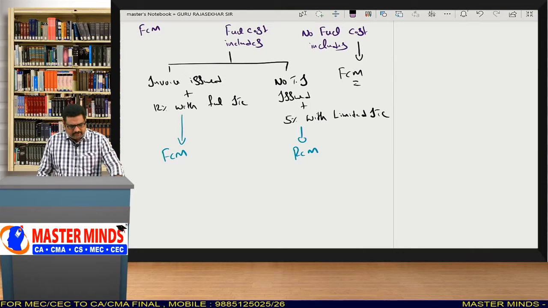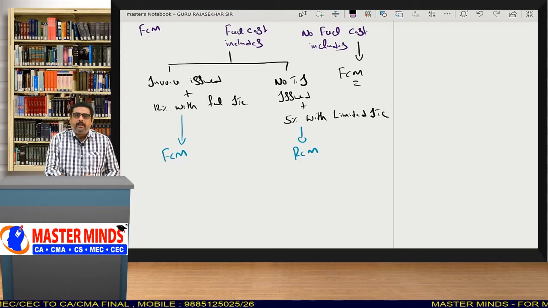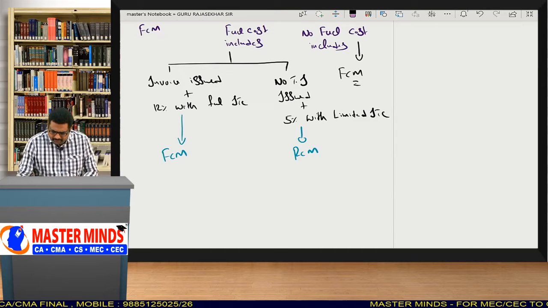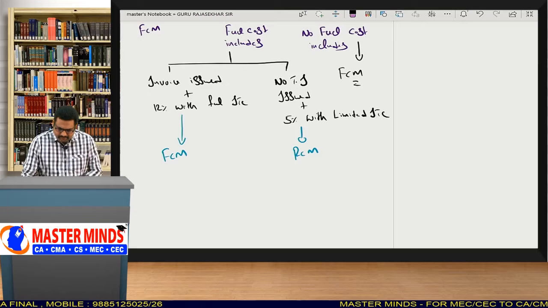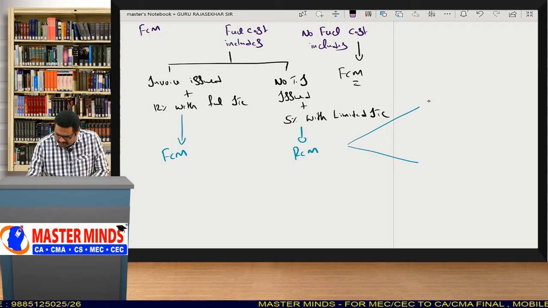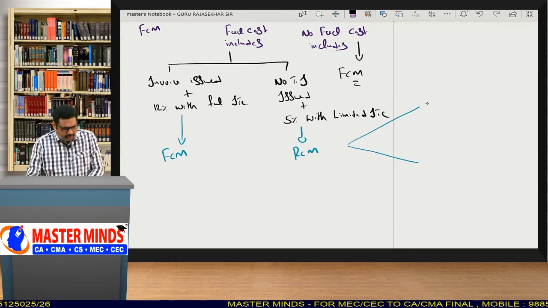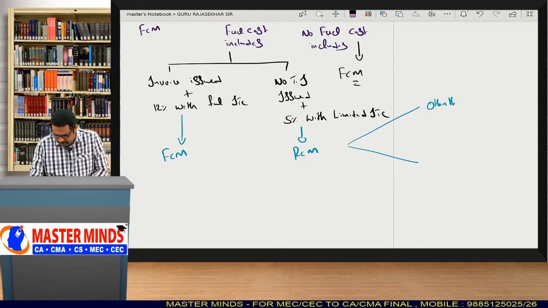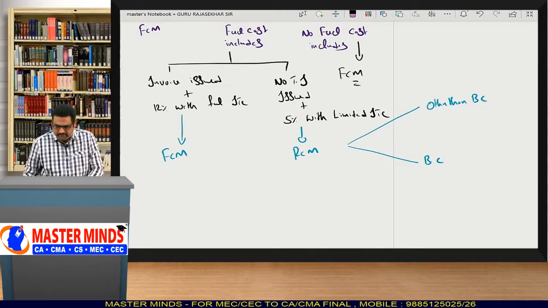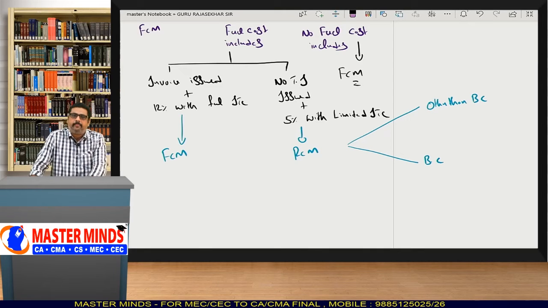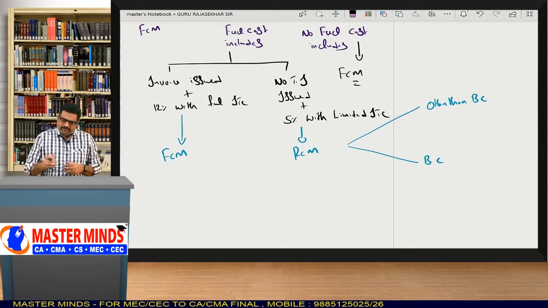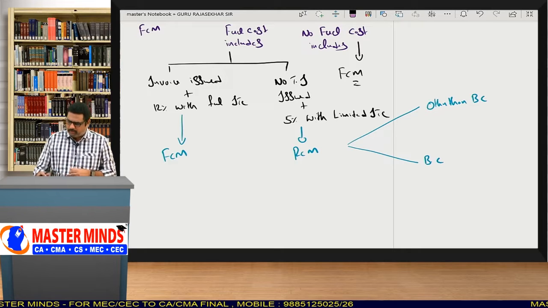Sir, in which case RCM will be applicable? In which case this particular RCM will be applicable? In this particular case, if the supplier is other than body corporate, then what is the position?